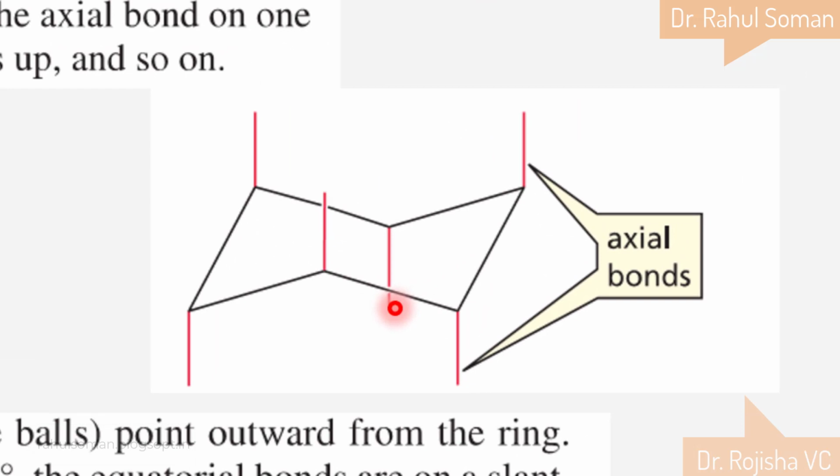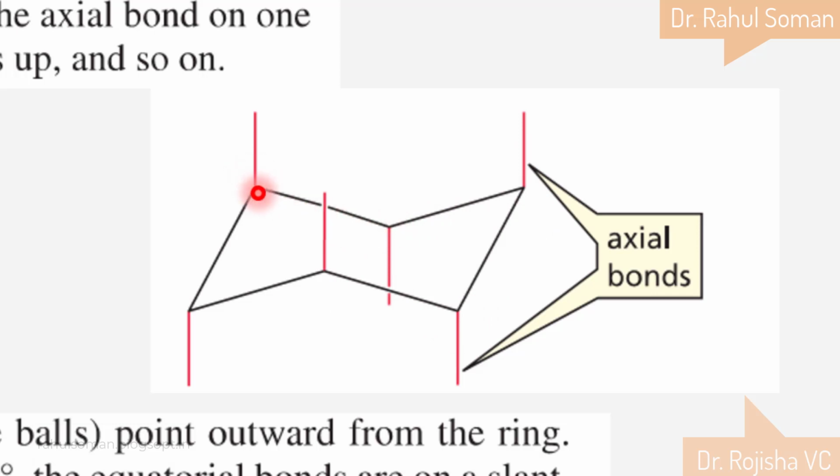What is upward and what is downward: for this carbon, it is downward because its neighboring two carbons are projecting upward. And for this carbon, it is projecting downward because its neighboring two carbons are projecting upward. Similarly for this carbon also.